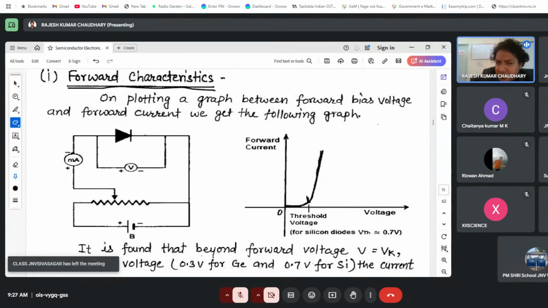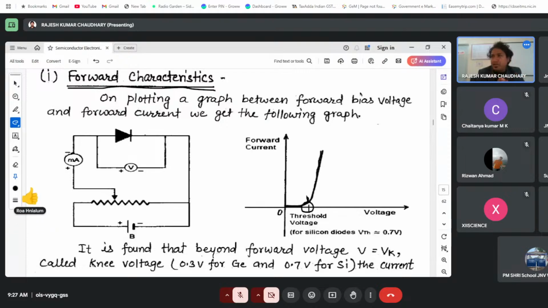That's why, my dear students, this voltage is called threshold voltage. What is that? Threshold voltage. So till the threshold voltage, the voltage is used to make the potential barrier thinner. And at this point your potential barrier will become zero, and after this point your p-n junction will behave as a very good conductor, and you will receive the current.